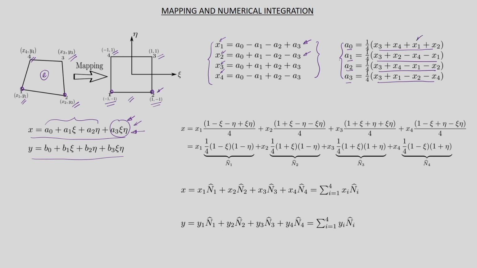So, if we collect the coefficient of x1, this is 1, here this gives minus xi, this gives minus eta and this gives plus xi eta. So, these are the terms that we have collected here corresponding to x1. Likewise, we can continue with x2, x3 and x4.